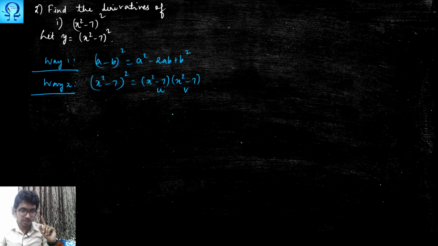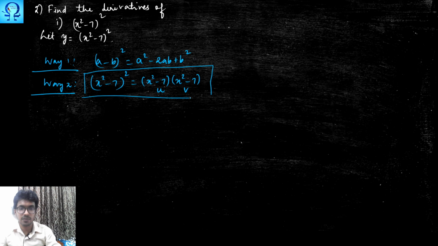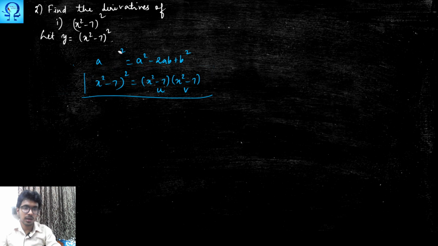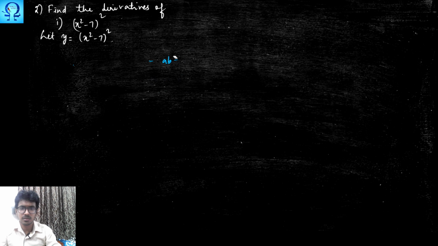Since we will make use of product rule in the upcoming problems, I am going with the first way. Illustration of this will be done using several other problems. That is why I am going with way 1. It is my wish. You may go with your wish if you wish.